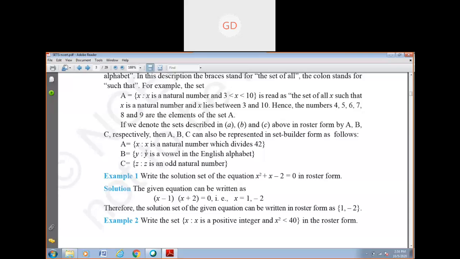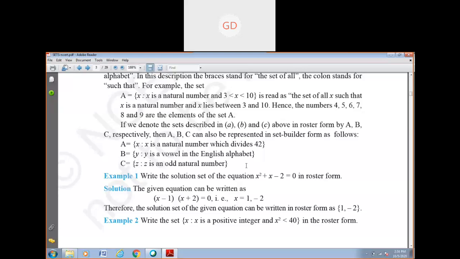Some examples here. A is equal to x such that x is a natural number which divides 42. B, another example, y such that y is a vowel in the English alphabet. C, z such that z is an odd natural number.